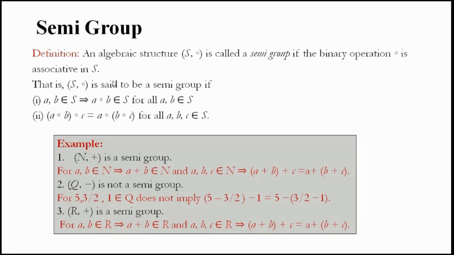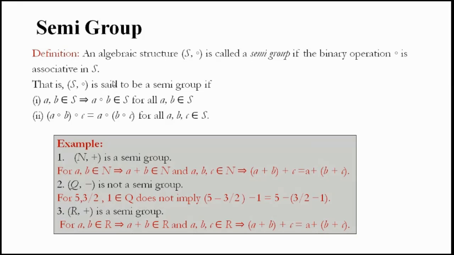That is, S with a binary operator is said to be a semi-group if for all A, B belonging to S, A operator B belongs to S, and also, because it is associative, (A operator B) operator C is equal to A operator (B operator C).